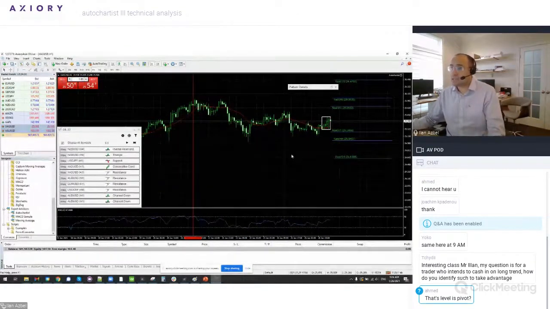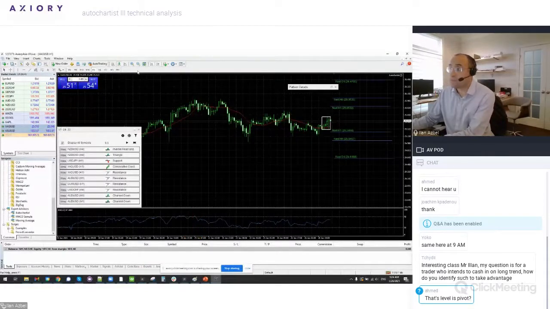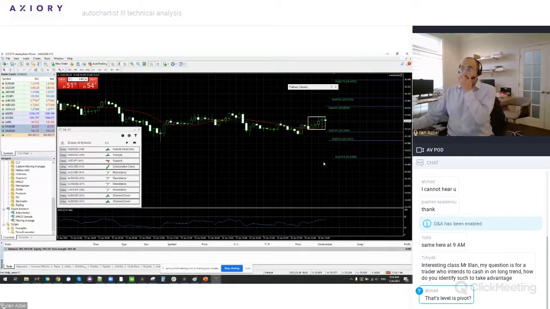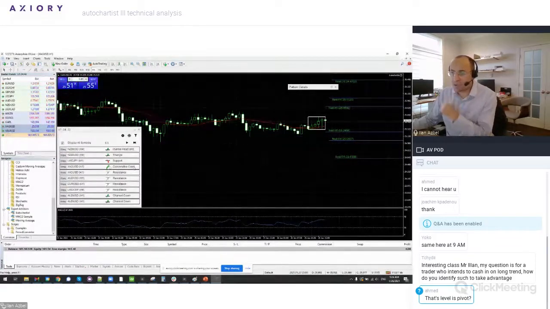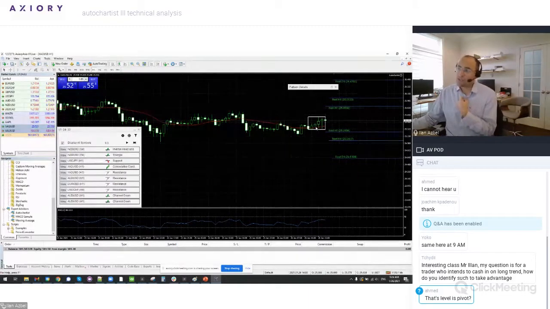So this is another interesting one that Autochartist identifies for you, and that is something called consecutive candles. There's another one called large movement, which I don't see an example of right now, but it's essentially the same thing. Autochartist tells you that there have been an exceptional amount of candles in the same direction, right?